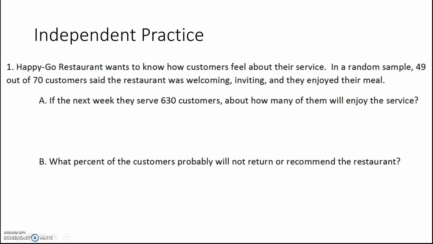Number 1 says Happy Go Restaurant wants to know how customers feel about their service. In a random sample, 49 out of 70 customers said the restaurant was warm and inviting, and they enjoyed their meal. If the next week they serve 630 customers, about how many of them will enjoy the service?